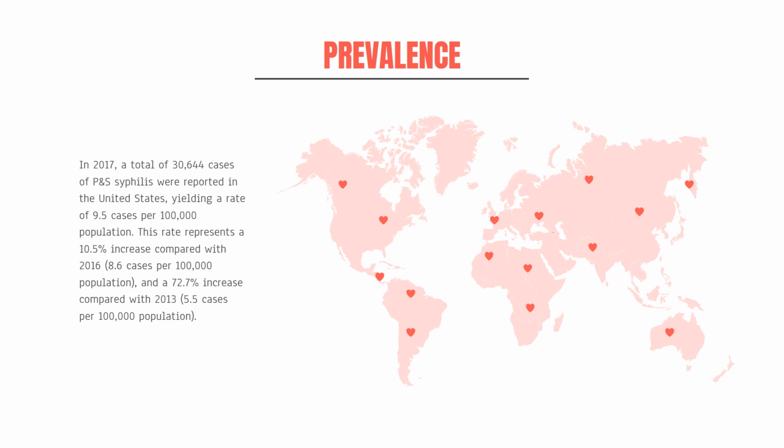It means in 2016 there were only 8.6 cases per 1 lakh population. In 2017 there are 9.5 cases per 1 lakh population, and in 2013 there were only 5.5 cases per 1 lakh population, and this increased by 72.7% in 2017.